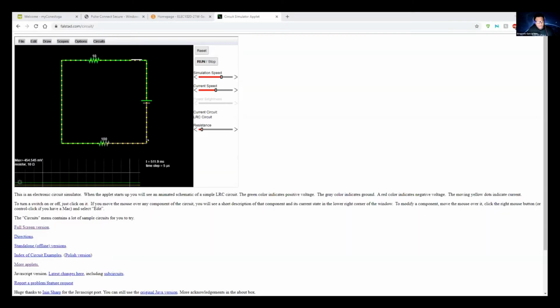So this is going to be the tool that I want you to use the most.